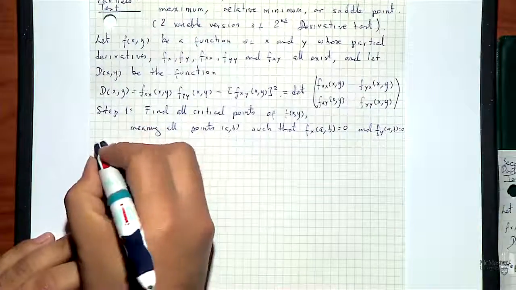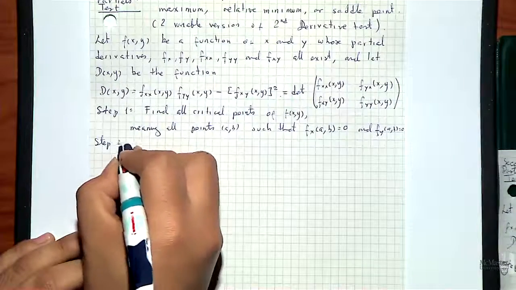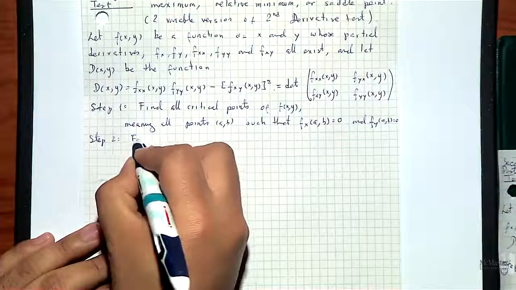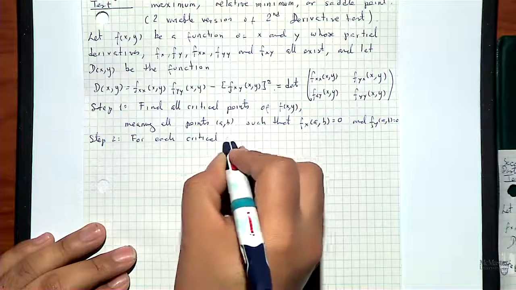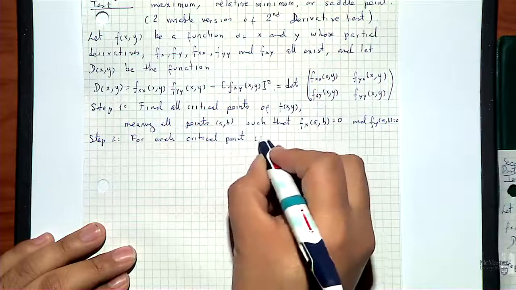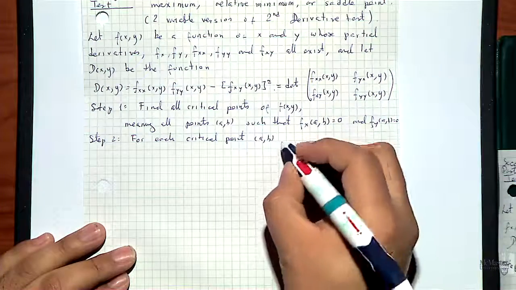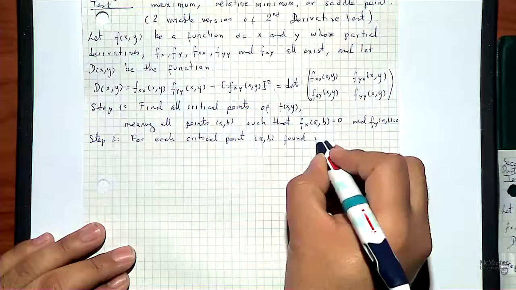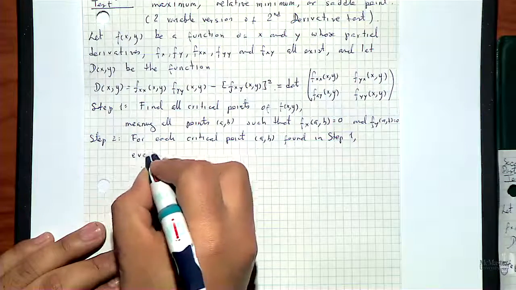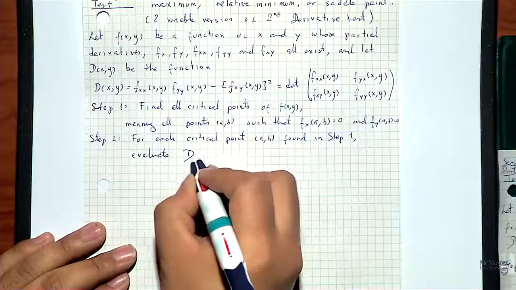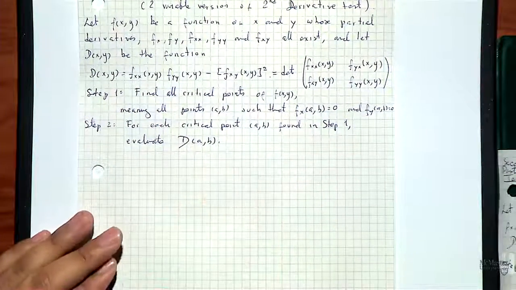So the second step is that for each critical point a comma b that we found in the previous step, we evaluate D at the point, so D of a, b.